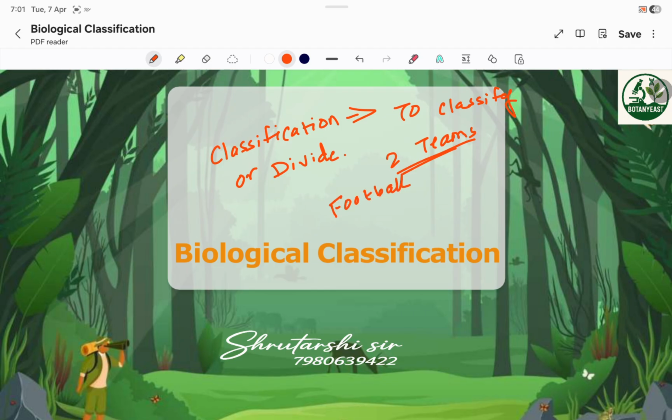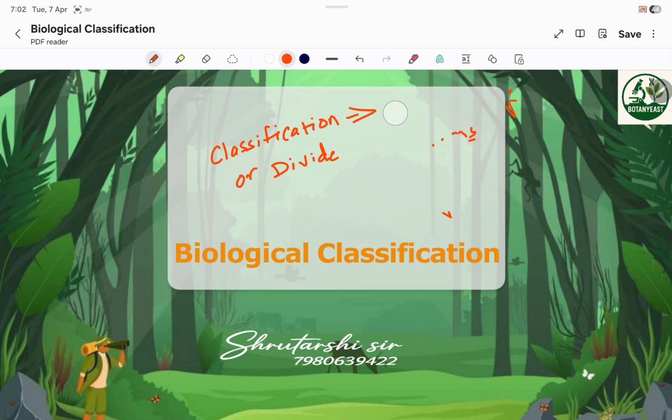Okay, so what criteria will you see? Obviously, if you are selecting a goalkeeper, height is a criterion to select him. So the people with a good height will become the goalkeeper. Okay, so that is how we divide things.